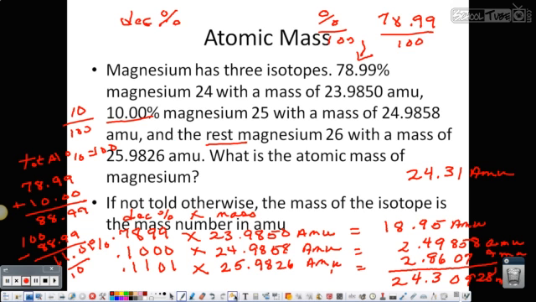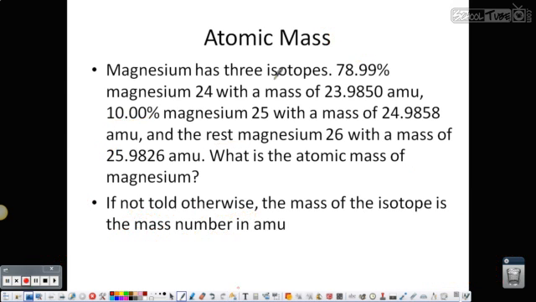Alright, so let's start over. Let's clear the board. Start one more time. You have to take the decimal percent. When you're working these, we're going to say decimal percent. You get that by taking the percent divided by 100.